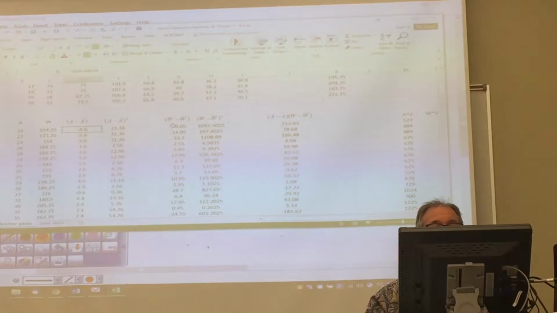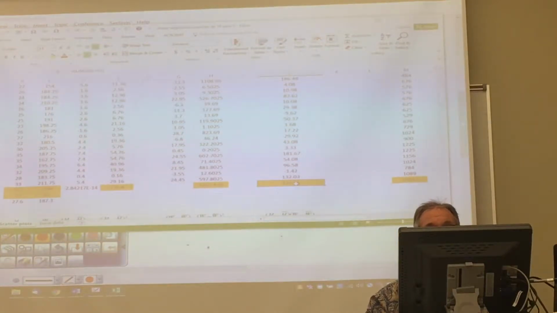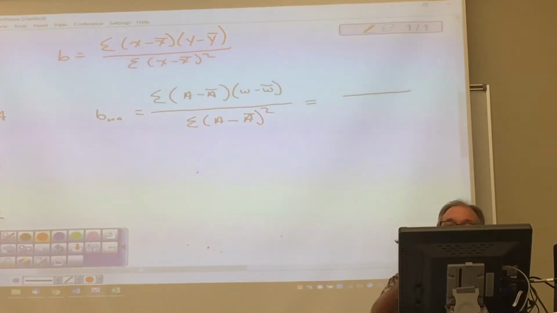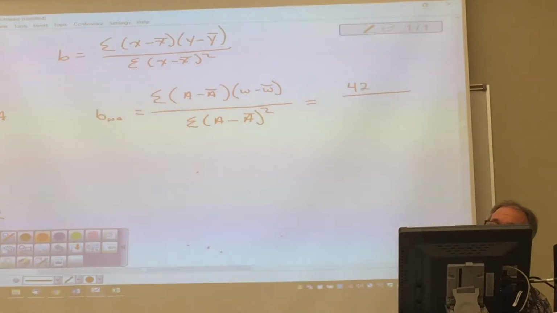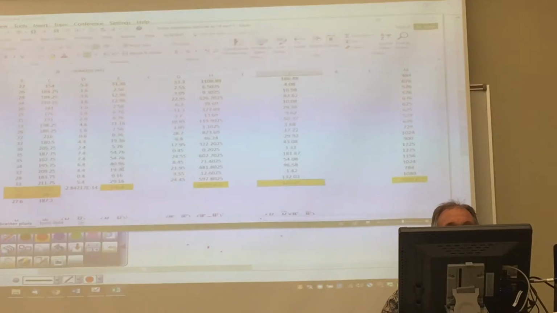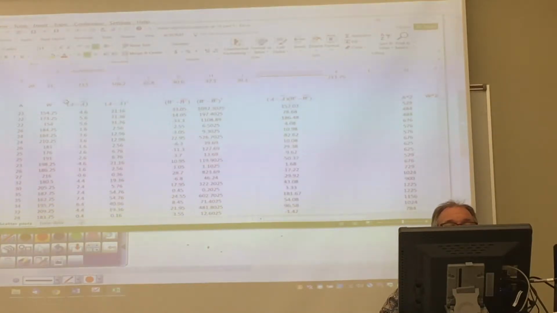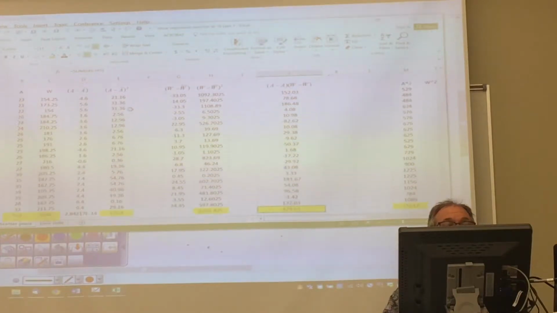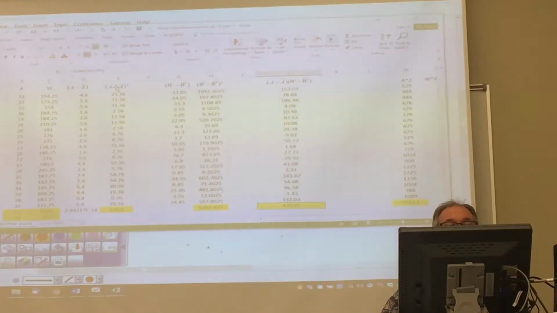So it's this one times this one, that's 429.65 divided by, and then we divide it by what, the 376.8? 429.65. And then we divide it by the 376.8, A minus the A mean squared, right? Okay, minus this column, which is 376.8.